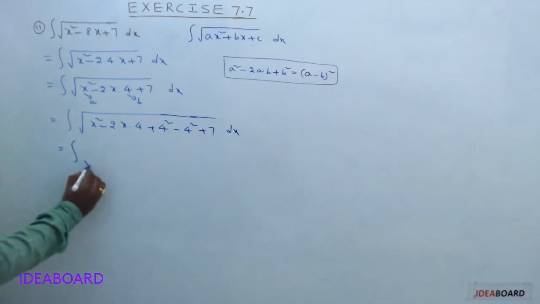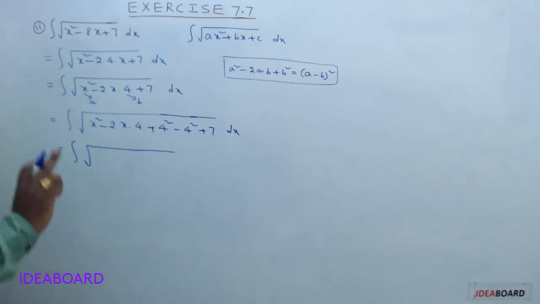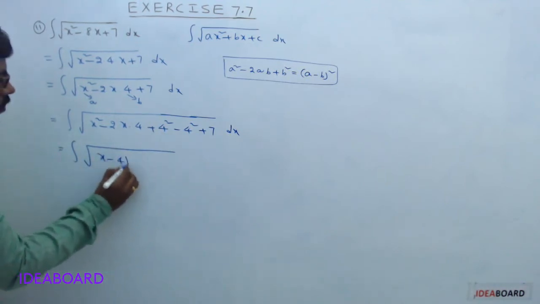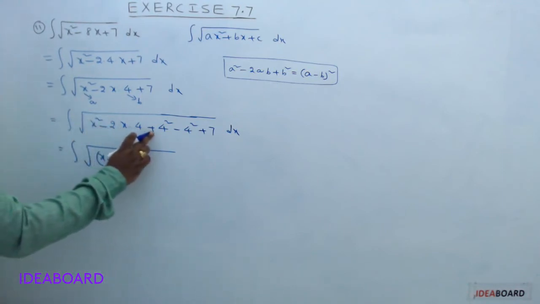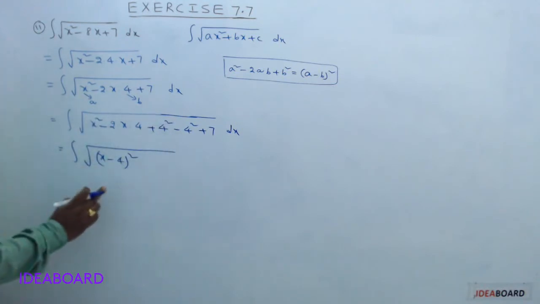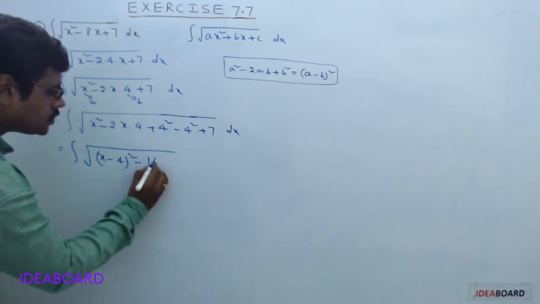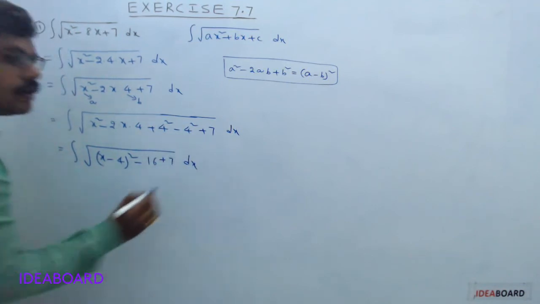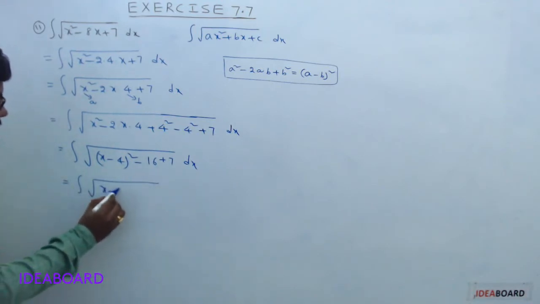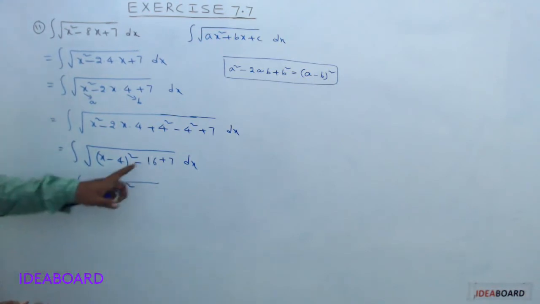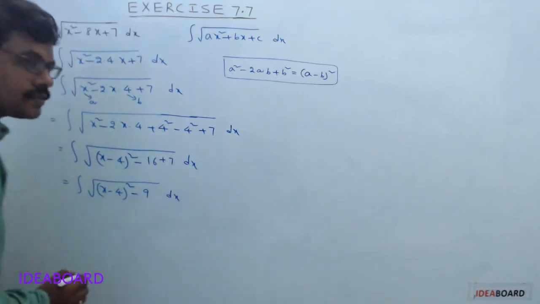Now this is integral square root of the combination of these three terms can be taken as x minus 4 whole square. x square minus 2 into x into 4 plus 4 square can be written as x minus 4 whole square minus 4 square is 16 plus 7 dx. This is integral square root of x minus 4 whole square minus 16 plus 7. This is minus 9 dx.